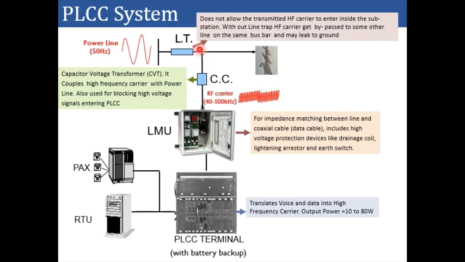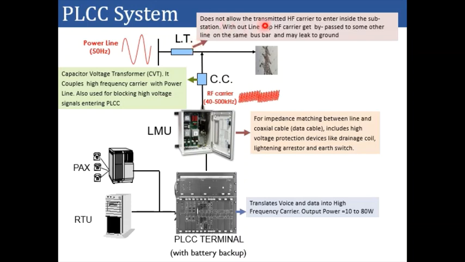Now here we need another equipment called a line trap, because the carrier wave which you are injecting into the transmission line can go in this direction or maybe in the opposite direction. In the opposite direction, where we have the bus bar and other equipment, we do not want the carrier wave to go to those equipments. So for that we will utilize the line trap.